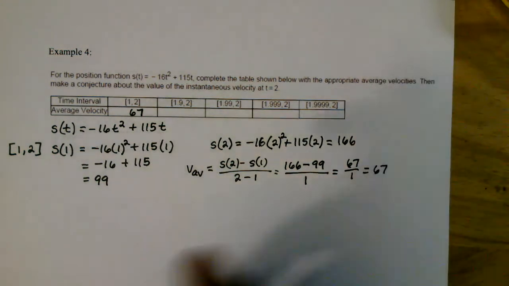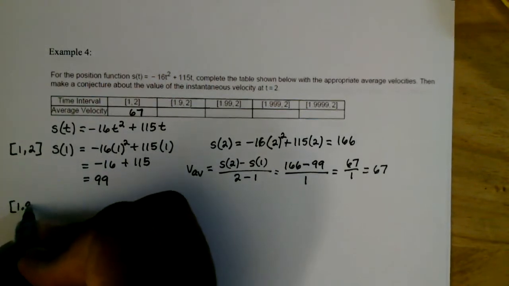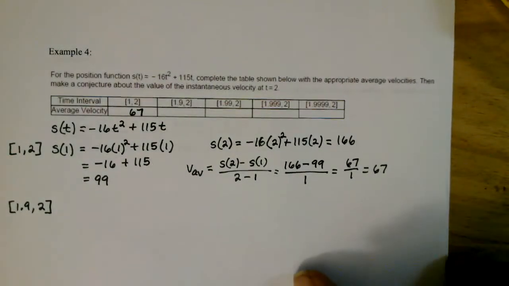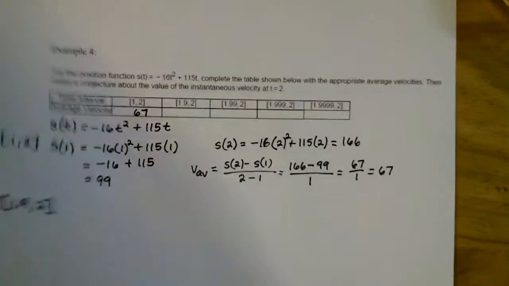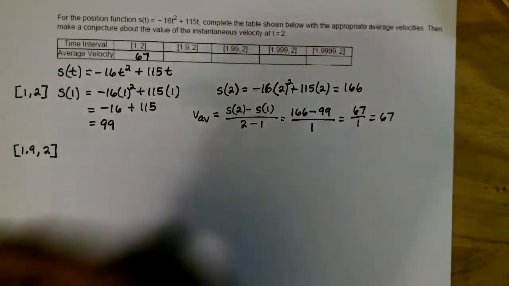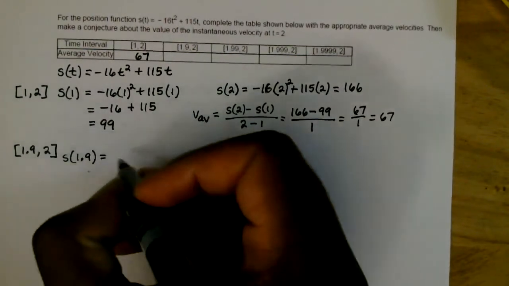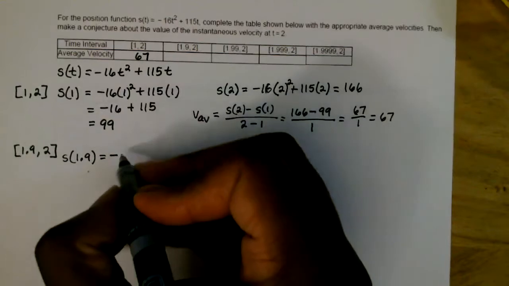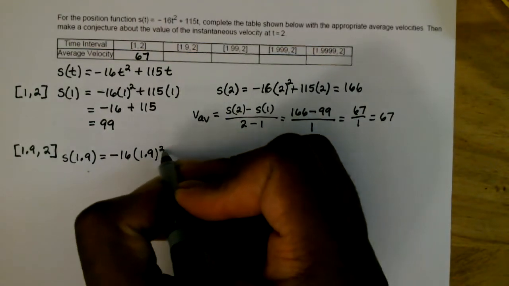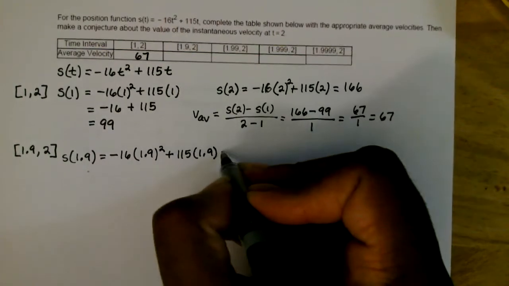All right, next, from 1.9 to 2. In this case, from 1.9 to 2, well, let's find out what S of 1.9 is by just substituting each t with 1.9. So it'd be negative 16 times 1.9, and that's squared, plus 115 times 1.9.